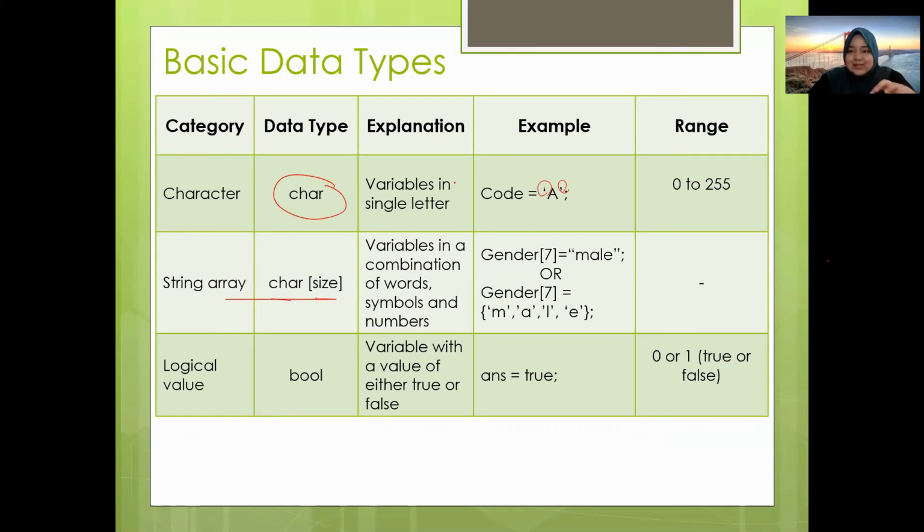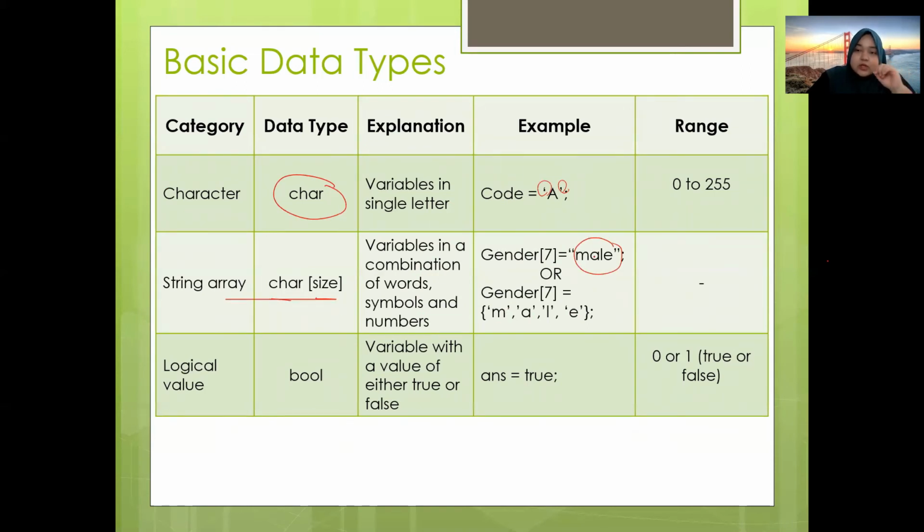Ini adalah dia akan simpan words statement. Contoh gender Z. Gender size dia 7. Maksudnya dia nak simpan perkataan male, dan dia letak dekat dalam double quotation. Okay, itu maksud dia. Ataupun dia boleh simpan satu per satu.